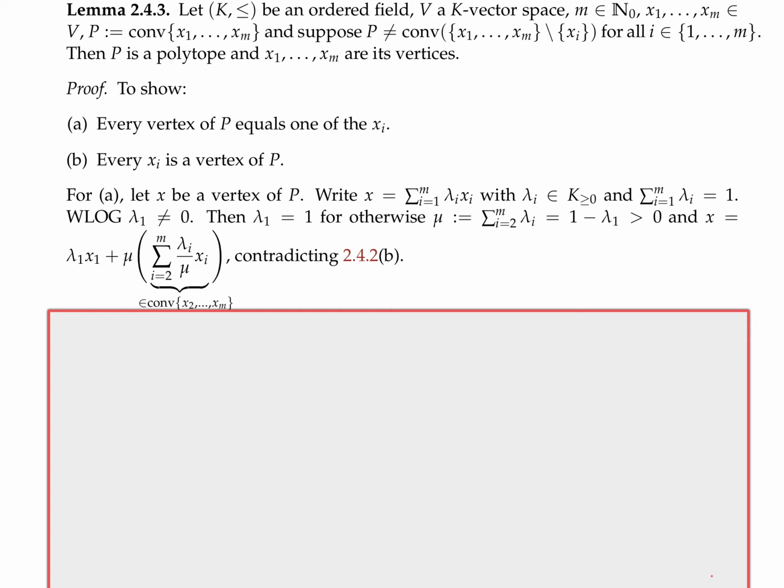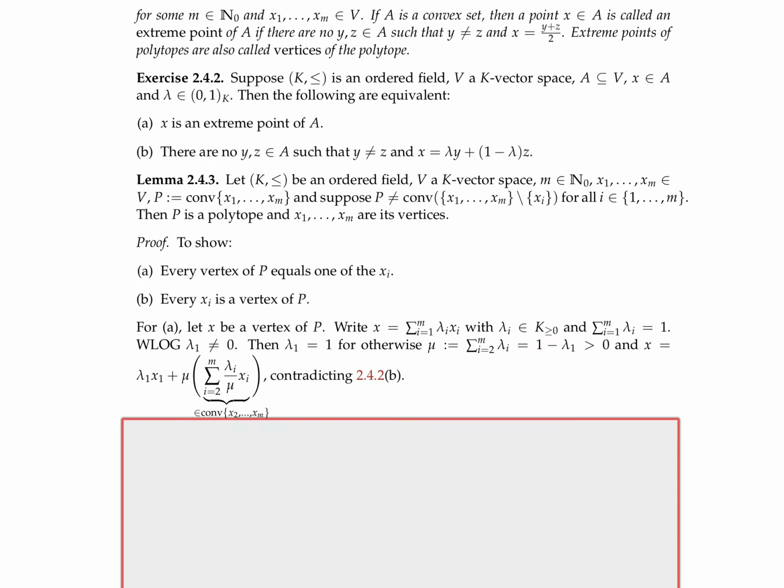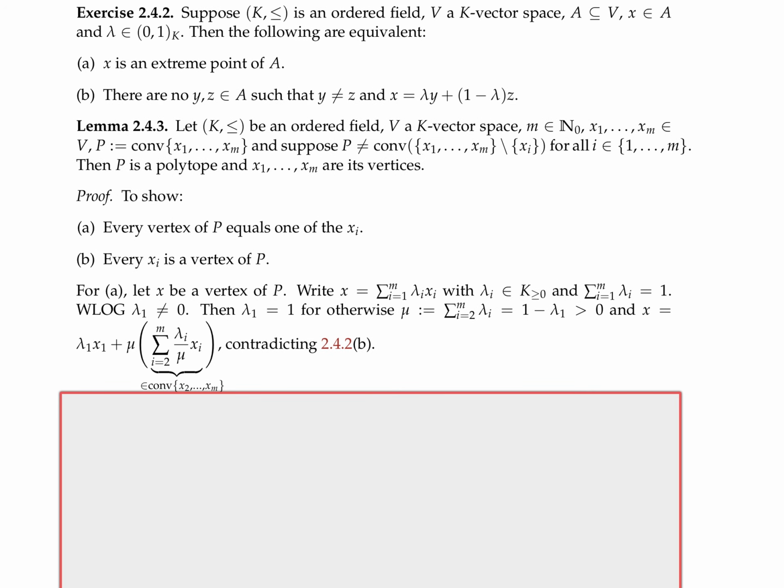So, which contradicts 4.2b, right? Because, well, first of all, yeah, so because, you know, I could take for y x1 here, and for z here, I could take this.